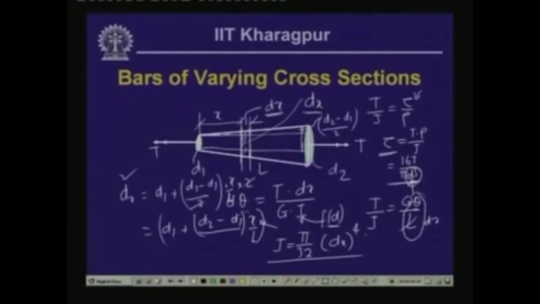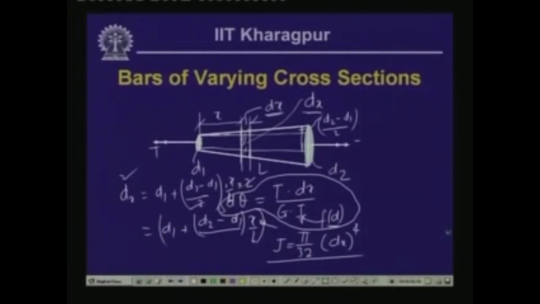If we would like to calculate theta, we have the expression d theta is equal to T dx by GJ. Now, if we would like to compute the value of theta over the entire length, the integral 0 to L of d theta will give us the value of theta, which is equal to the integral 0 to L of T dx by G, with J written as a function of x.